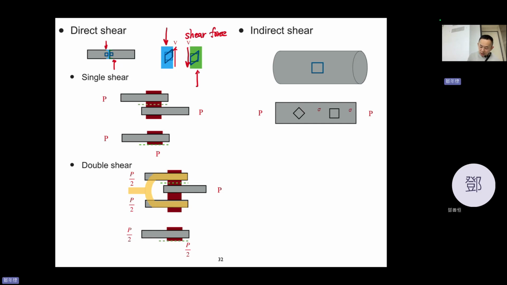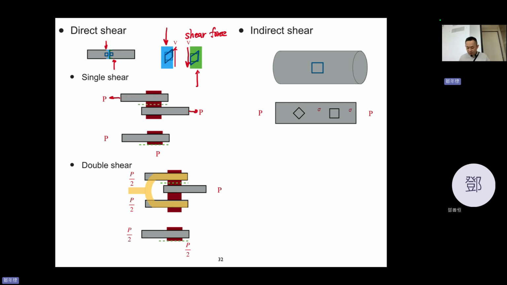And then I talk about single shear. What is single shear? If you have a material like this, and you have the force here going to the left, you know that this one is actually equal to this one. If you turn your head to the right, you find that this brown is actually this, and this force here is here.